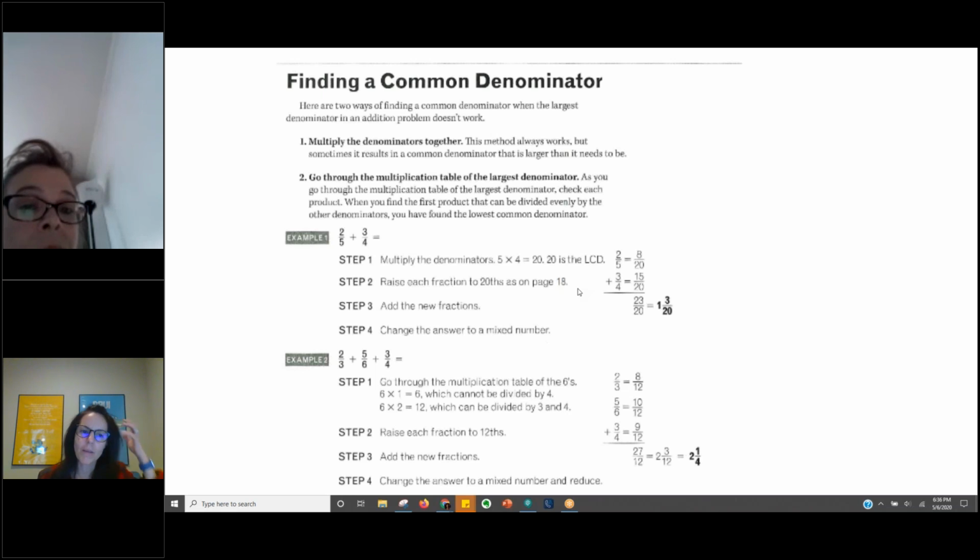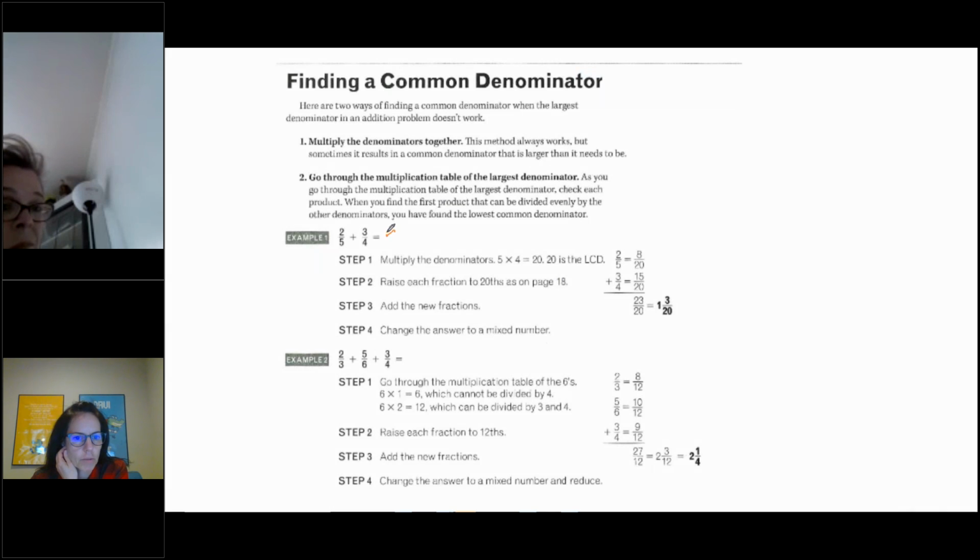All they're saying here is if you'd like to, you can just multiply your denominators together. That will always give you a common denominator. Like the first example, 2/5 plus 3/4, you can use a denominator of 20, which is just multiplying these 2 together. That's all this was saying.